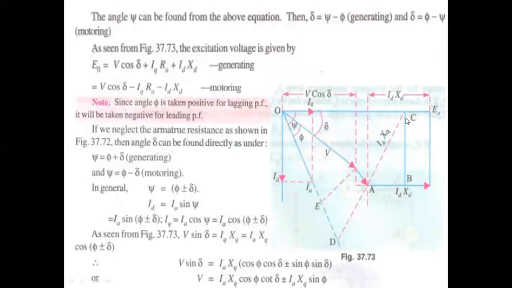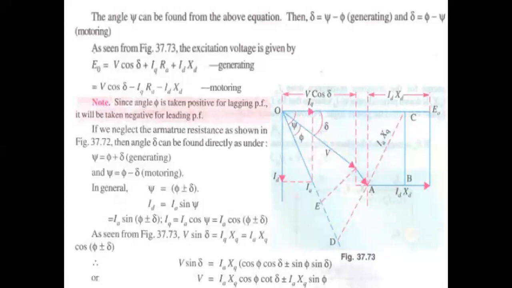So the angle ACB is nothing but phi, because the angle between two lines is the same as the angle between their perpendiculars. So if you see the lines IA and E naught, the angle is phi. Again, I am drawing the perpendicular to IA and the perpendicular to E naught, so the angle between them will also be phi.